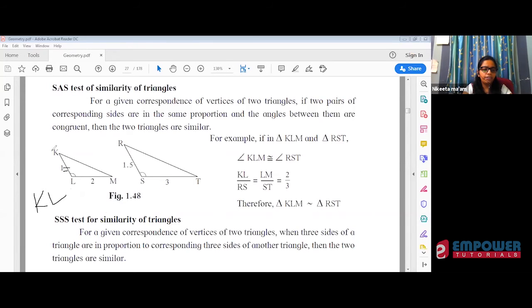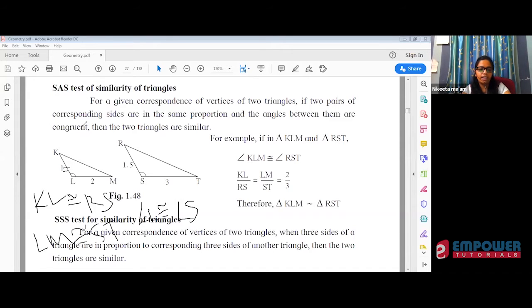We might have showed that KL is congruent to RS and LM is congruent to ST, and angle L is congruent to angle S. And then we might have said that if two sides are congruent and one angle is congruent, that means according to SAS, two triangles are congruent to each other.